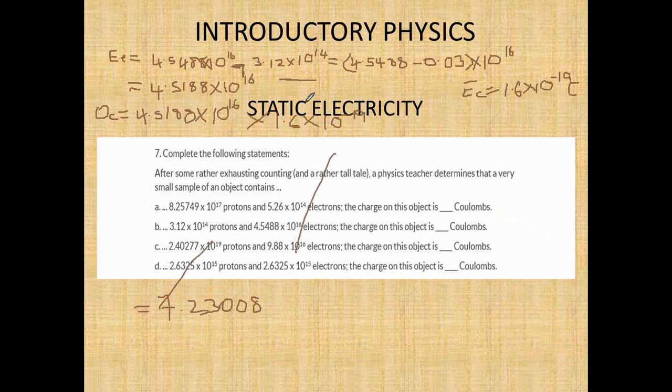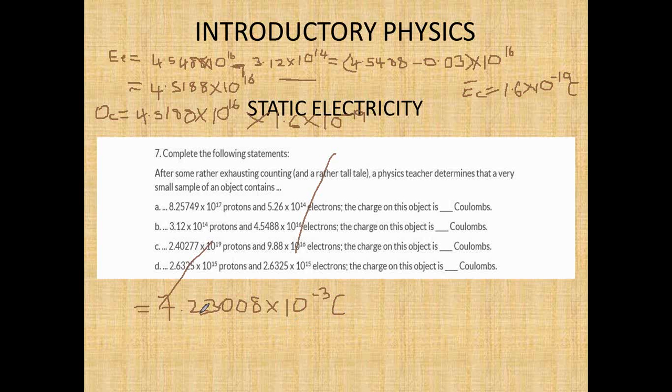Then when we multiply the powers of 10, we have to add the numbers. So you have plus 16 minus 19, that's a minus 3. So times 10 to the minus 3, and this is in coulombs. So this is the overall charge.